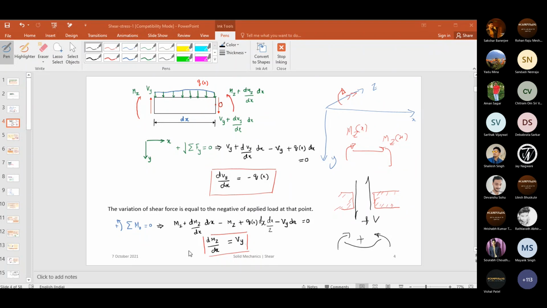Actually, I'm asking, sir, why this term qx into dx by 2 gets 0? We will just do some exercise and see for ourselves why it becomes 0. I think it is being neglected because of higher order of dx, the square. Don't worry, we will do it.